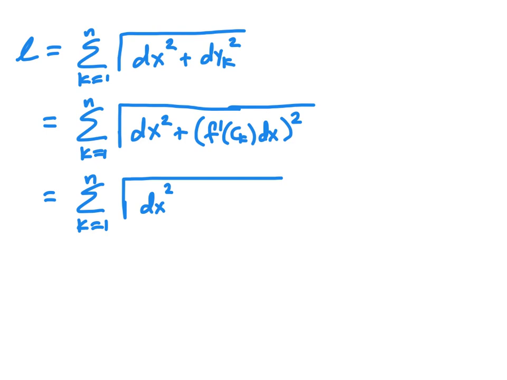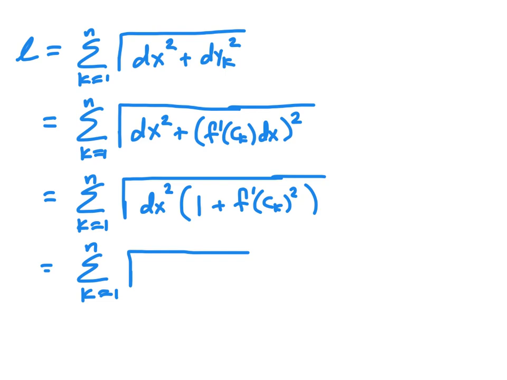And so we can factor out a dx squared. From the first term, that's just going to leave a factor of 1. And from the second term, we're going to just have f prime of ck, quantity squared. And now we can bring the dx squared outside of the square root by evaluating the square root of a perfect square. We're going to end up with the square root of 1 plus f prime of c sub k squared, and a dx outside of our square root like this.